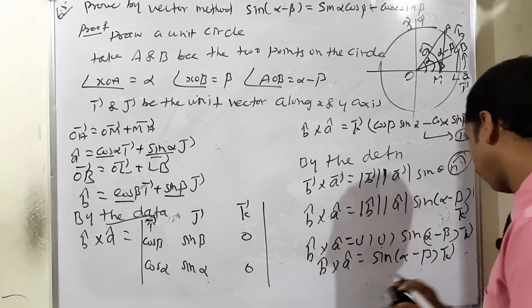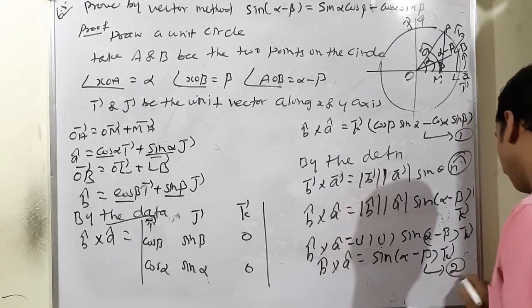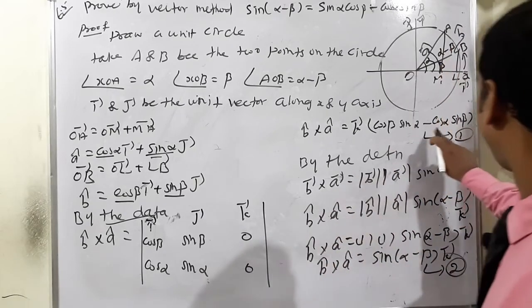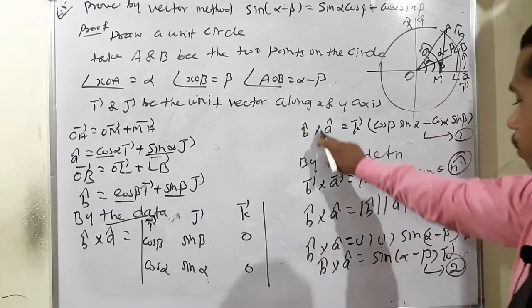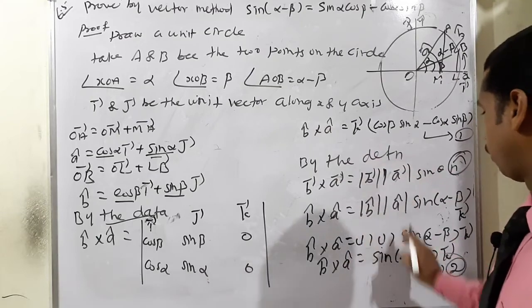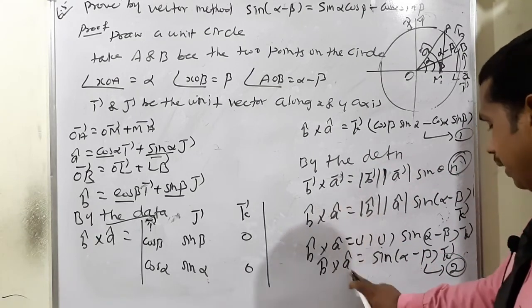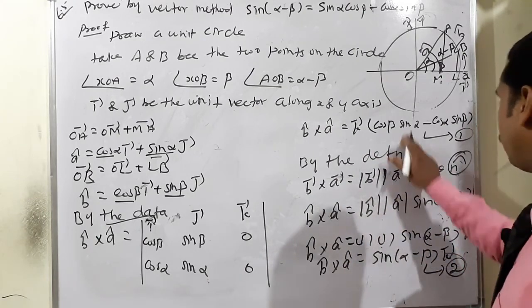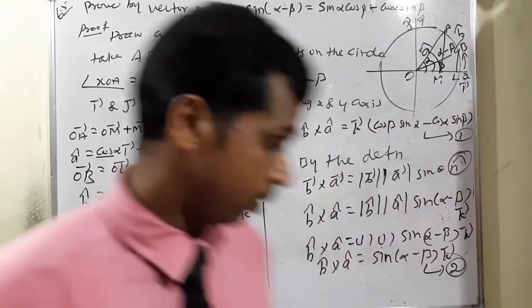This is considered equation number 2. Look at there, from 1 and 2, B cap cross A cap is the same. Therefore, instead of B cap cross A cap, we can write both terms.